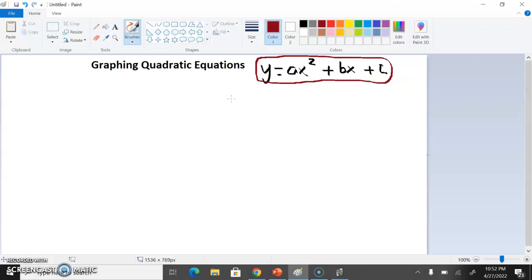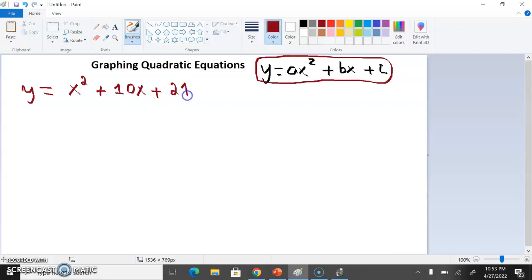But now, what if we want to graph the equation without using the graphing calculator? So here is an example that we've been working on in class. Let's take a look at the equation that we worked on in class today and yesterday. It is y equals x squared plus 10x plus 21.